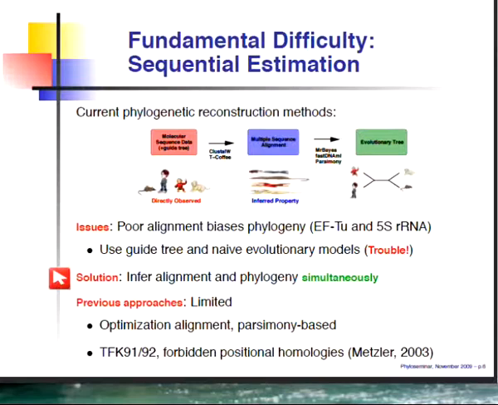However, these more rigid sort of birth-death developed processes come with sort of substantial computational burdens, and there are also some difficulties in terms of sort of some forbidden positional homologies that we are pretty sure exist in real life but are not allowed under these simple birth-death processes.